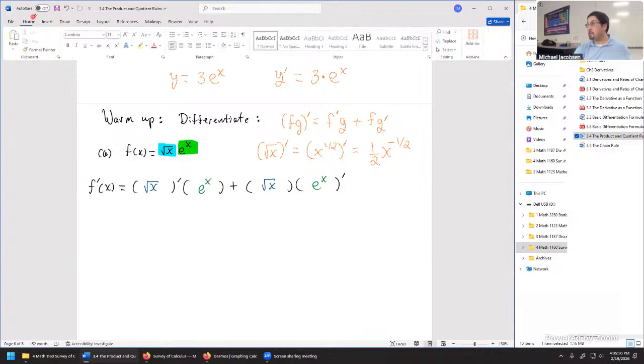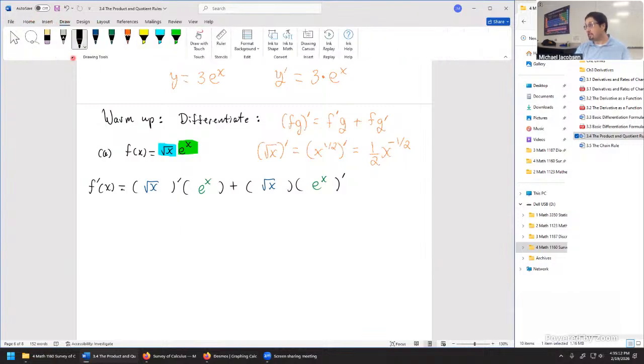So on our next step, f prime of x is going to turn into the derivative of square root x. We worked it out on paper here, so we're just dropping down 1/2 times x power negative 1/2. So that's this prime right here that we just worked out.